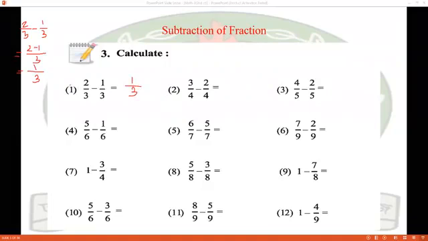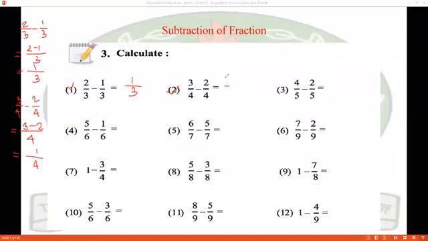Number 2: there is 3 by 4 minus 2 by 4. So here the common denominator is 4. So we write 3 minus 2. So the result will be 1 by 4.